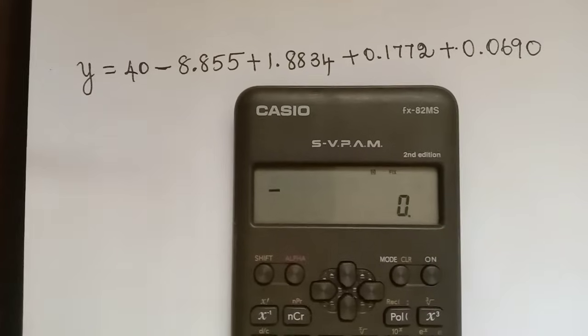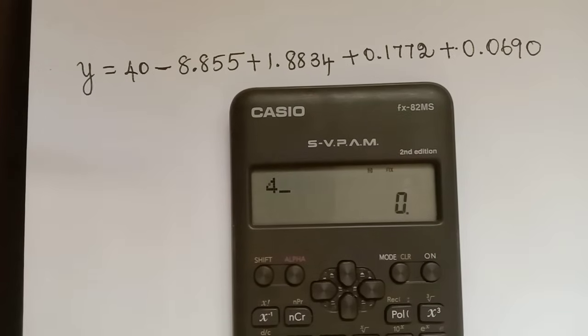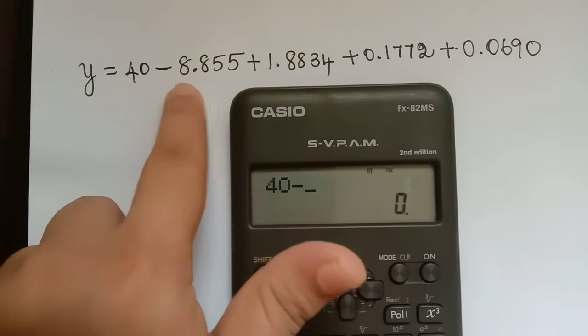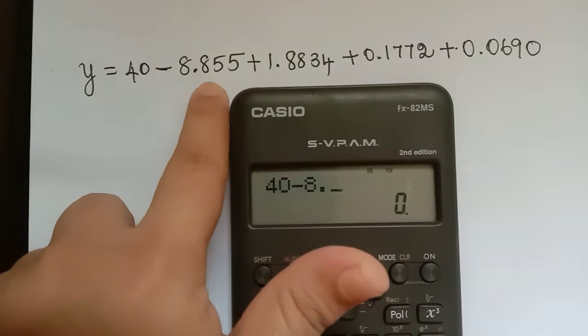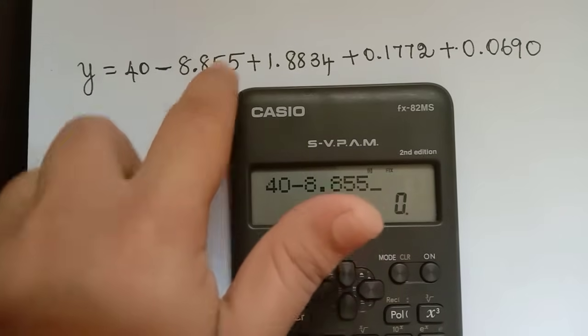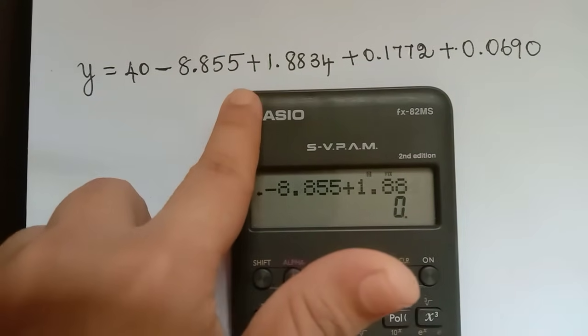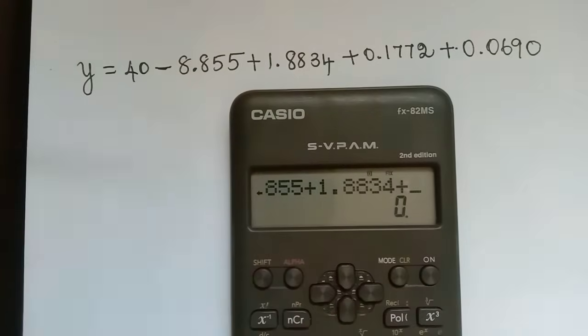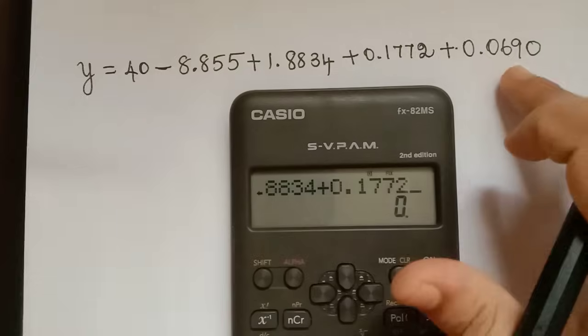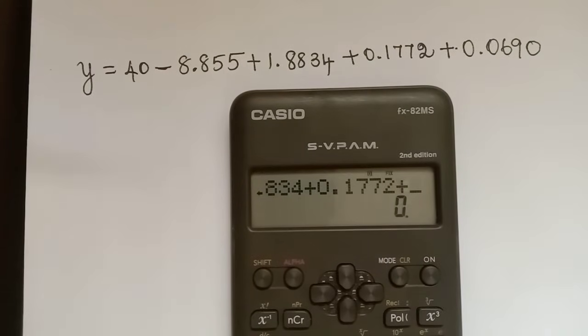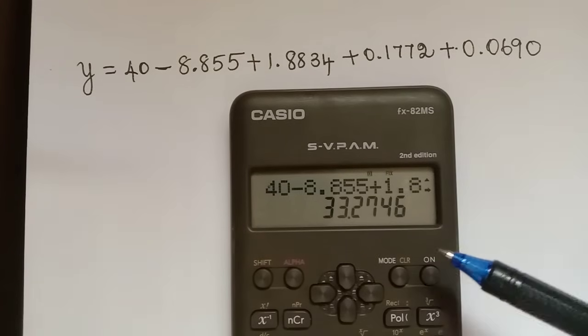Now we will evaluate all this and we will find the final answer. And so the final answer is going to be 40 minus 8.855 plus 1.8834 plus 0.1772 and then plus this value. So plus 0.0690, and so the answer is 33.2746.